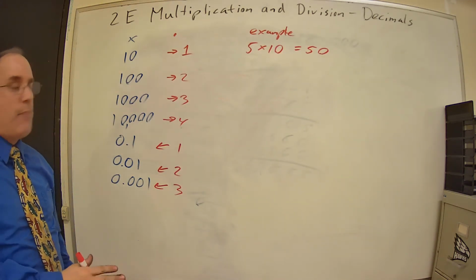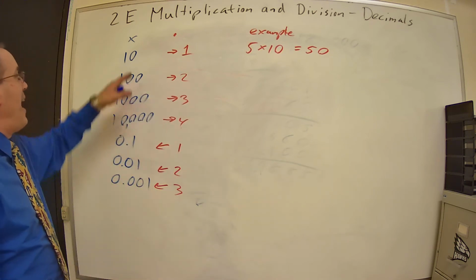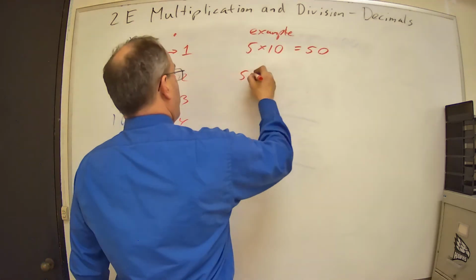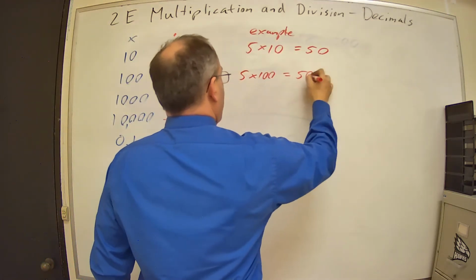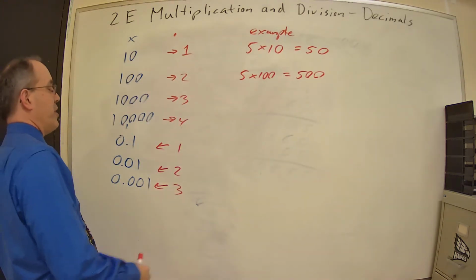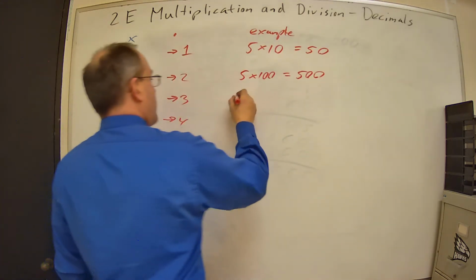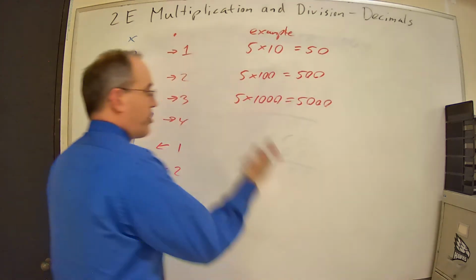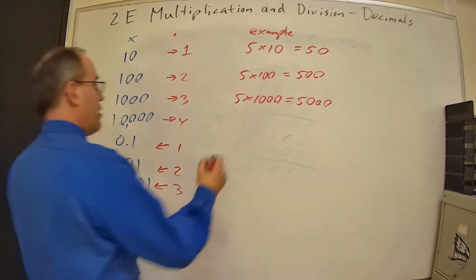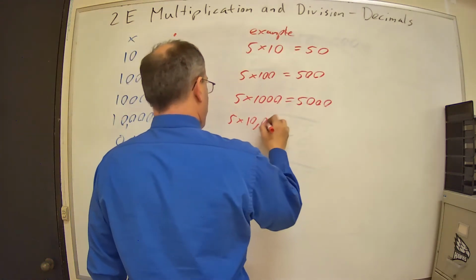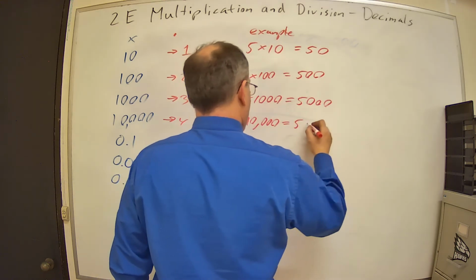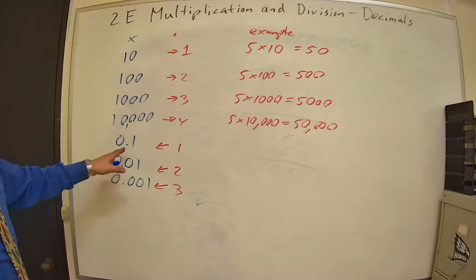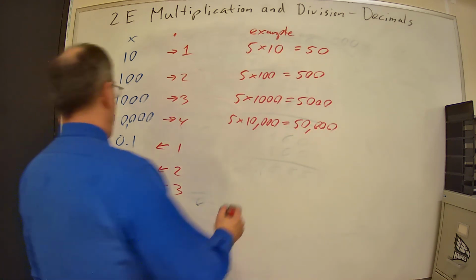You can even look at it as not necessarily moving to the right by 1, but adding that many zeros to it. 5 times 100, 500. You just follow it by 2 zeros. 5 times 1,000, 5,000. You move it to the right by 3 places, or you add those 3 zeros. 5 times 10,000, 50,000. Add those 4 zeros, or move it to the right by 4 places.